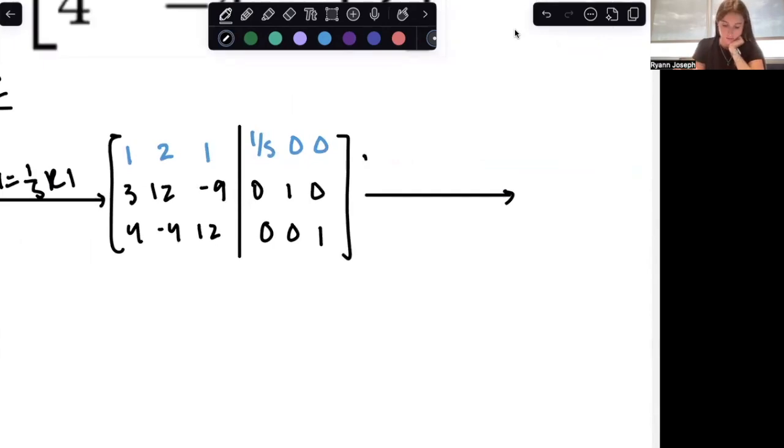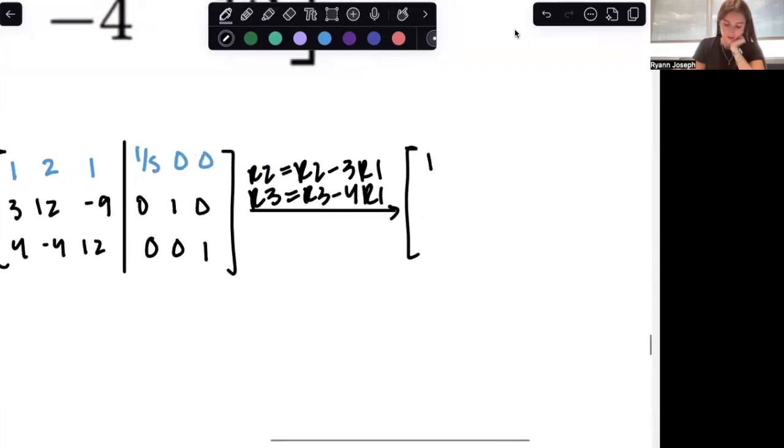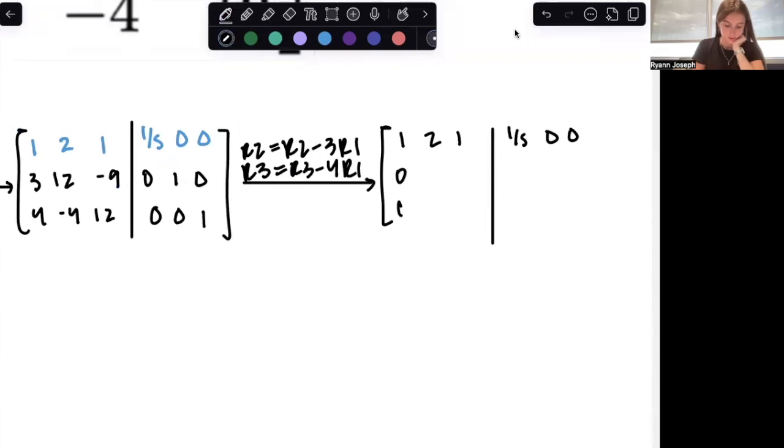So row 2 is equal to row 2 minus 3 row 1, row 3 is equal to row 3 minus 4 row 1. Row 1 stays the same, 1/5, 0, 0. These become zeros, 12.